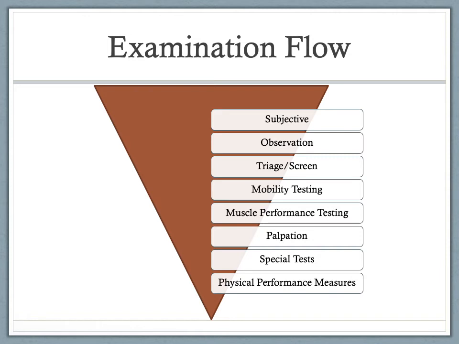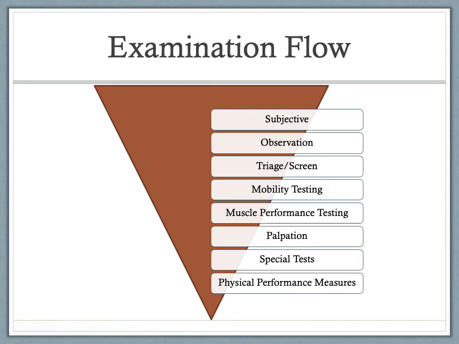For me, mobility testing is a broad term here. Mobility testing is active range of motion, passive range of motion, passive physiological, and passive accessory motion as needed as well. Then muscle performance, strength testing, MMTs, things like that, palpation, special tests, and physical performance measures.